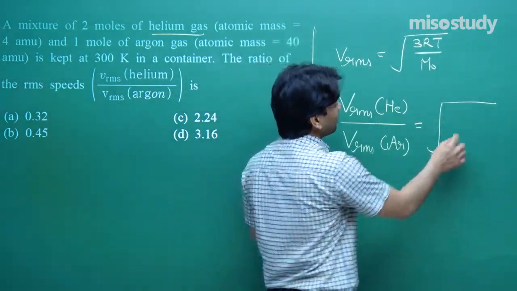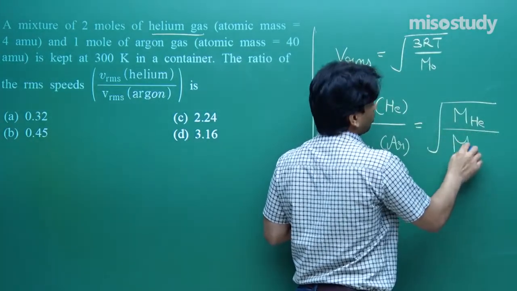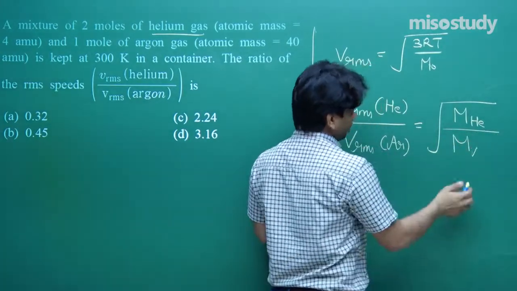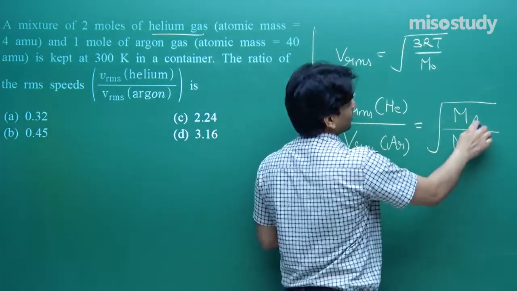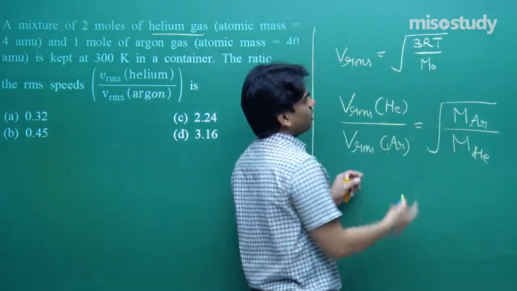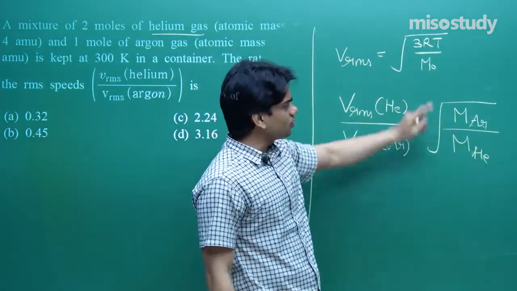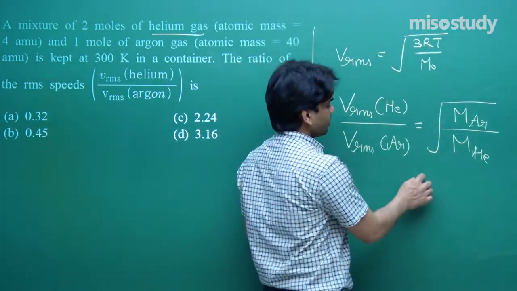So here we will be having molecular mass of helium upon molecular mass of, wait a minute, argon should be in the numerator, because it is in the denominator in the formula, so it will come in the numerator. So molecular mass of argon upon molecular mass of helium.